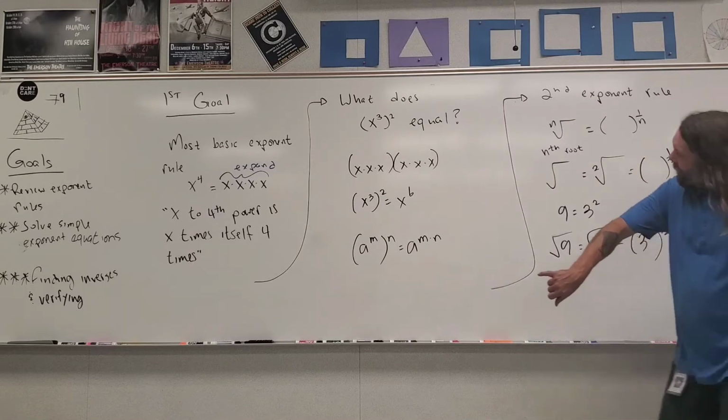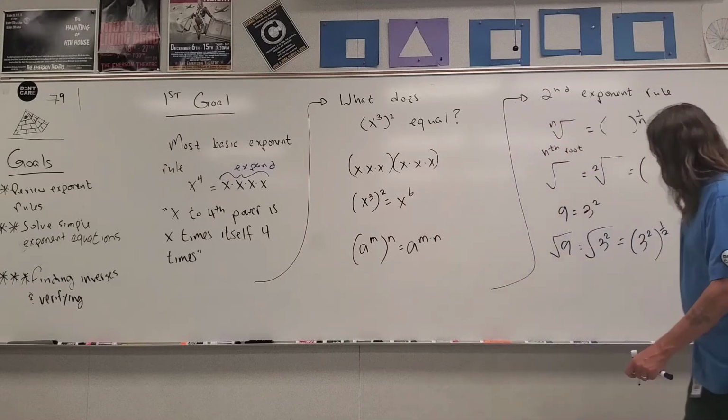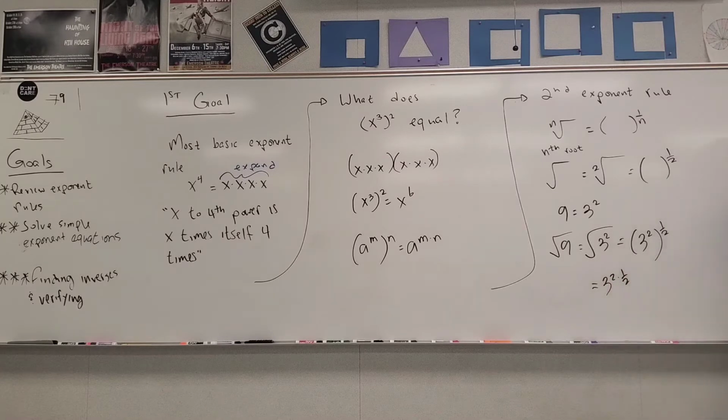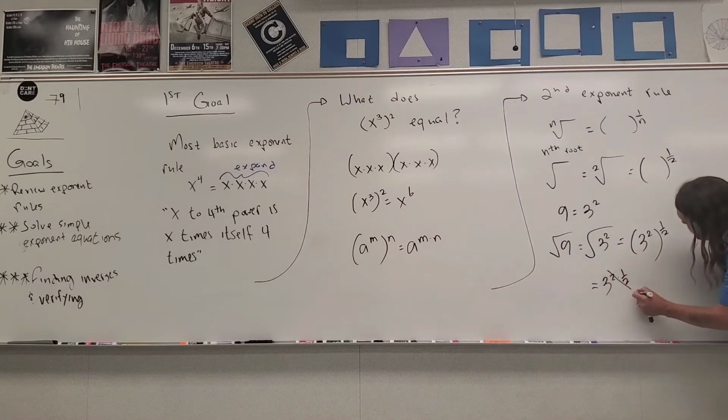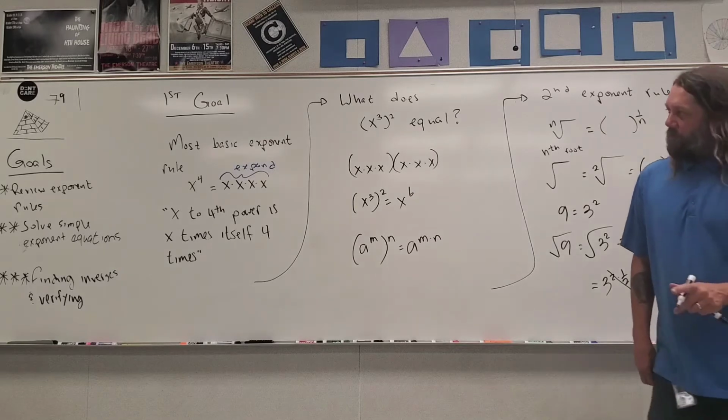We now have this rule, so I can now multiply my exponents, which gets me to 3 squared times 1/2. My 1/2 and 2 cancel out. That's equal to 3 to the 1st power, which is just equal to 3. So this would be us calculating the square root of 9 using exponents, which is, we want to make sure that we're familiar with exponents.